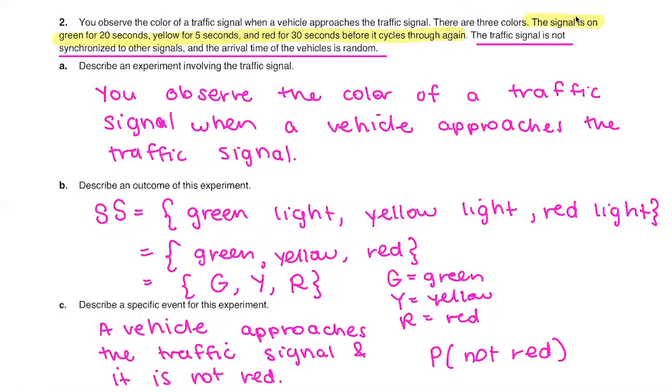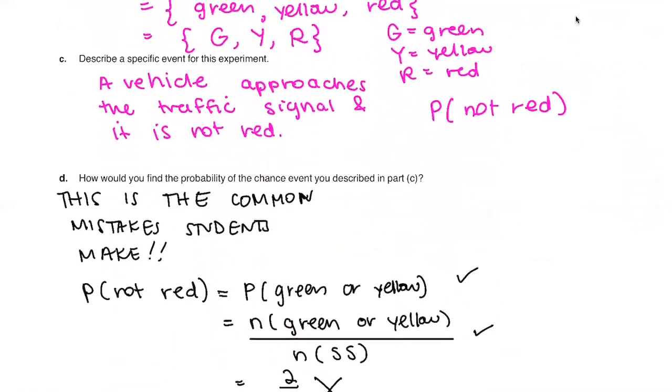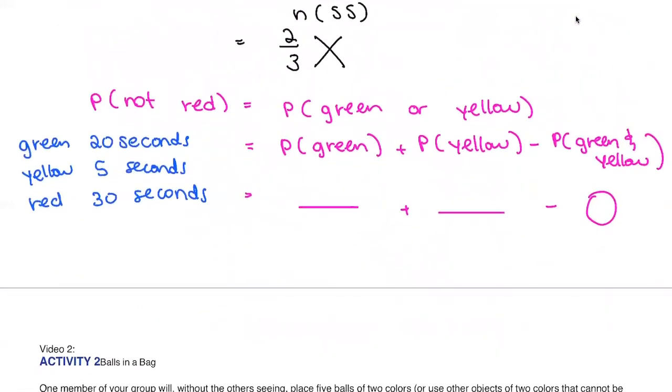And it does. It's always a nice idea to go back and check. With that in mind, the number of seconds that give you green is 20 seconds. The number of seconds that give you yellow is 5 seconds.